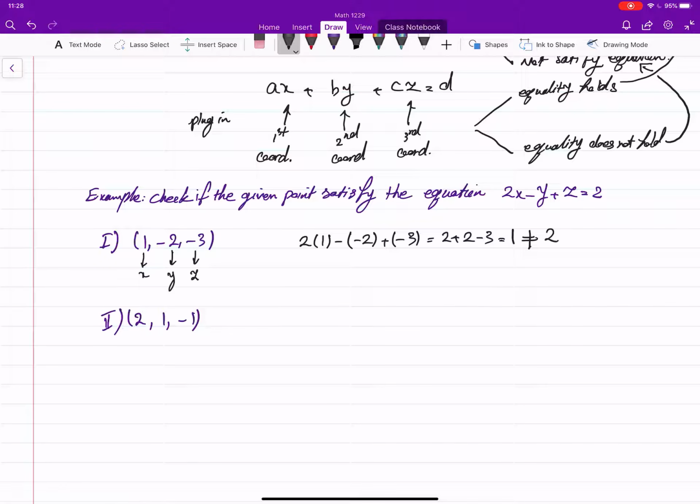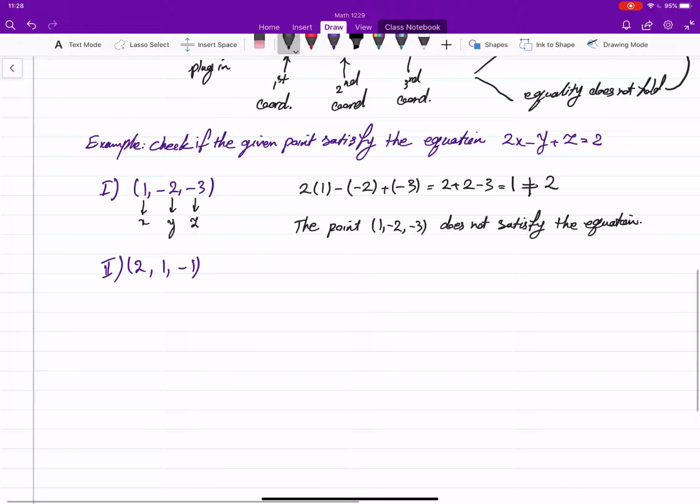That means that the point (1, -2, -3) does not satisfy the equation. So you plug in: if the equality holds, it is satisfied; if not, then not.